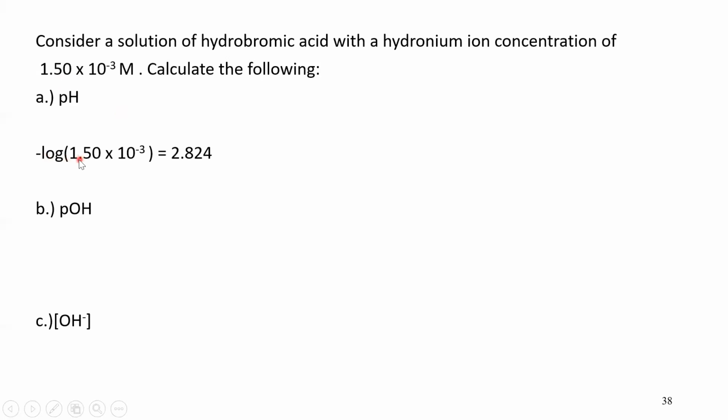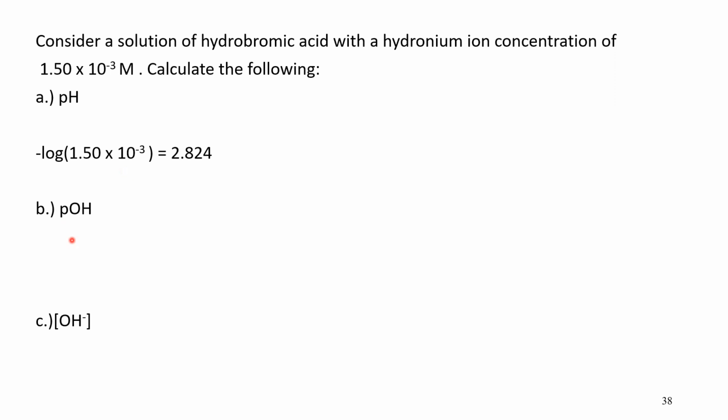Okay, so negative log 1.50 E negative 3, 2.824 would be our pH. Now, we know the pH from that. Let's calculate the pOH. Remember that pH plus pOH equals 14.